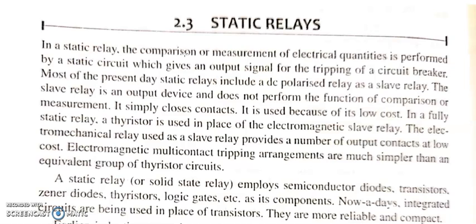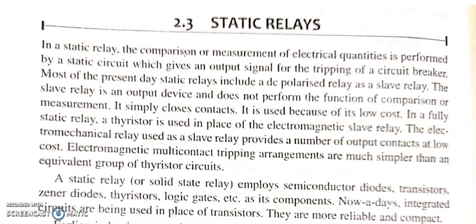Looking at all these advantages, one thing is for sure, these static relays will surely override all electromagnetic relays. That is, all electromagnetic relays will be replaced by static relays.